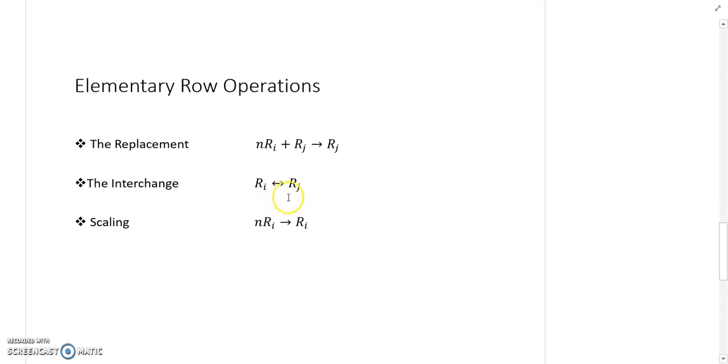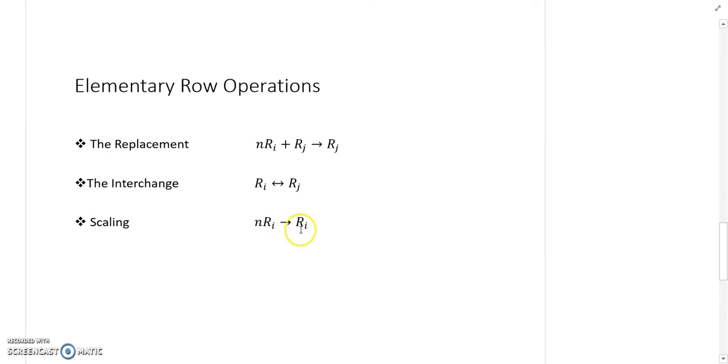The second row operation is the interchange, which just means that we can swap any row with another one. And that's all there really is to it. The scaling row operation is that we can multiply any row by a scalar. So we could have negative 1/2 R1, and that would be our new R1.